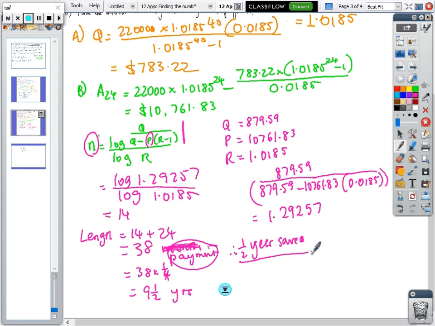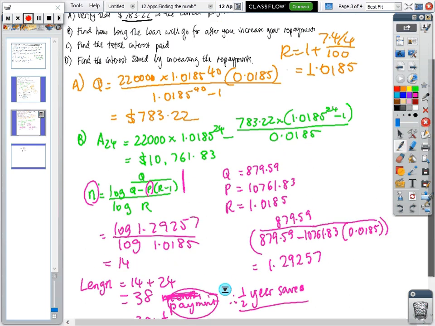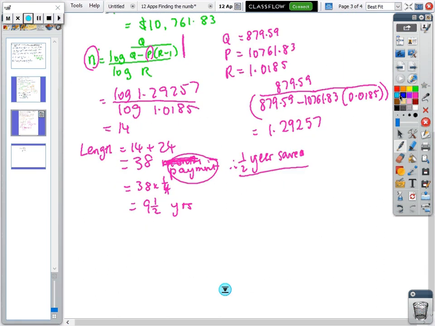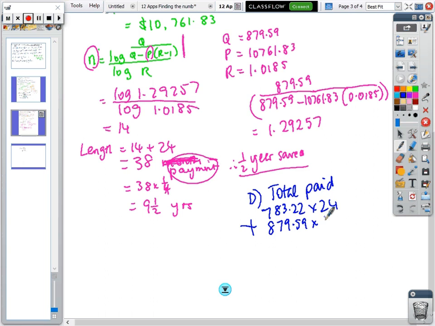That's great. And what's the last part of the question? Find the interest saved by increasing the repayments. Okay, so go down a bit lower. Okay, D. How much have you paid? Well, you paid $783.22 times 24, and then you paid $879.59 for 14.